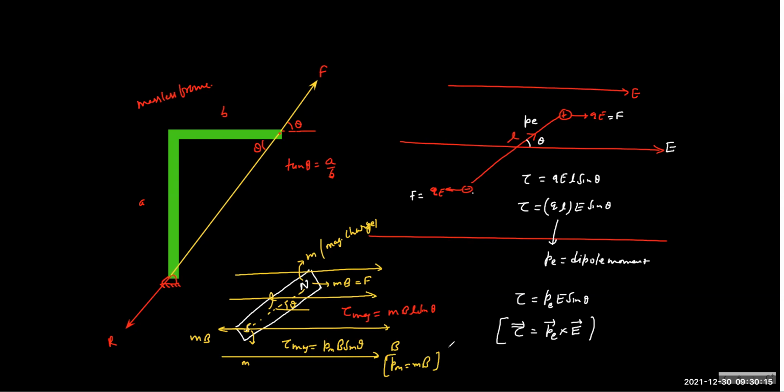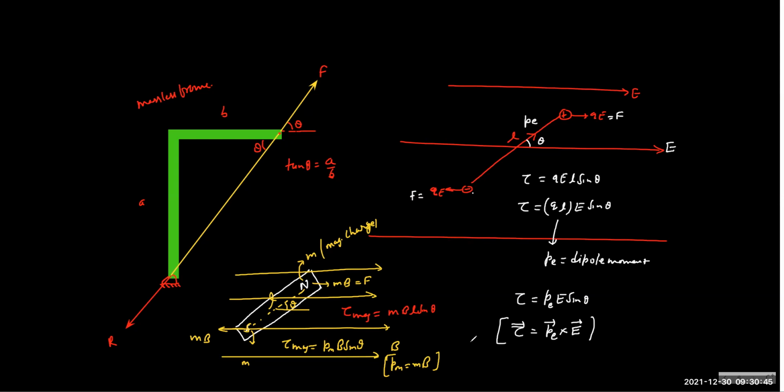So these two couple forces are very famous in class 12 physics. There we need to find the torque, and it's very simple. So we may have a magnetic compass kept in the Earth's magnetic field. The moment you put the compass in the field, it will experience a torque due to the magnetic field of Earth, and that's why it turns.